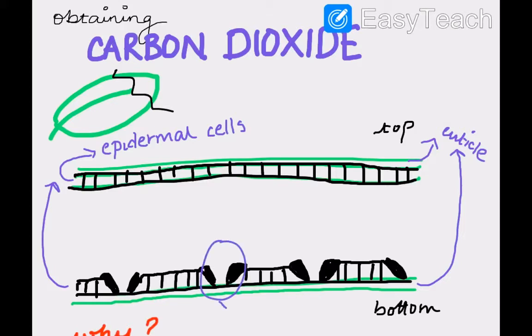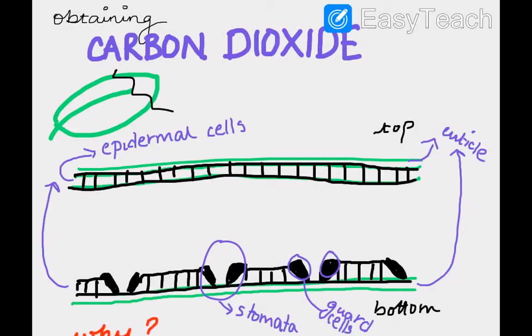Then if you look at the bottom, and only at the bottom, there are some holes or openings that are there only at the bottom part of this leaf. And these are called stomata. And the last structure that you see there that we haven't addressed are the two things that are right beside the stomata. Those are guard cells that close and open the stomata.